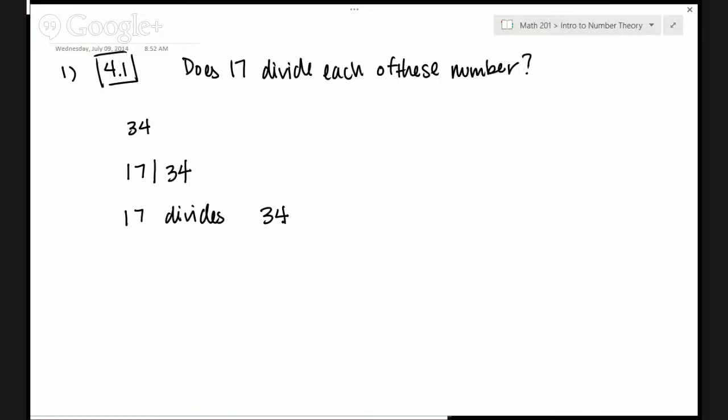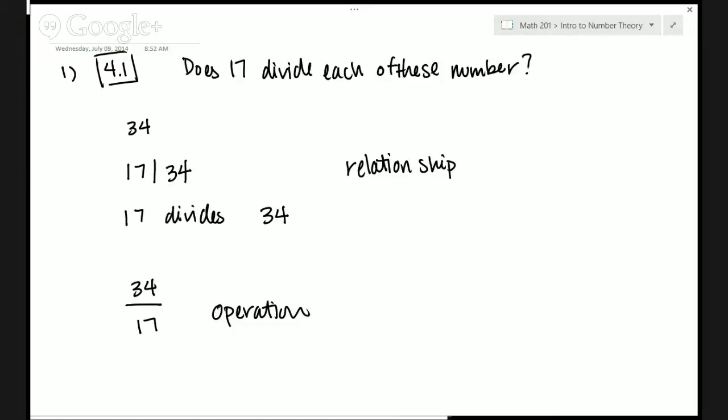So it's new notation. And it's important to remember that this is a relationship between two integers, whereas 34 divided by 17 is an operation, okay? It's like when we were talking about propositions and variables: variables in an algebraic sense could take on a value of real numbers, whereas propositions took on a truth value of true or false.